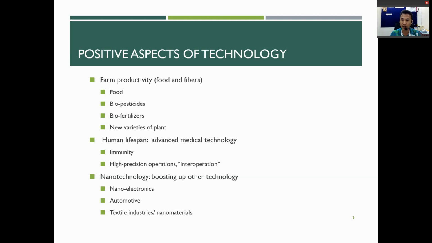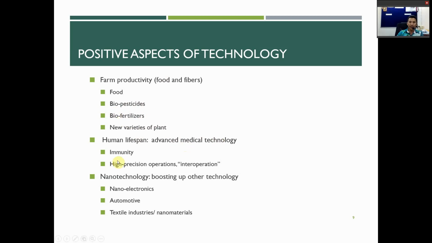You have so many options like chemical ones, and the one that I like to talk about here is the biopesticides, where you can use maybe some other type of animal to kill others, or you can make them starve, or they have a bunch of biological approaches to fix that problem. Also biofertilizer and new varieties of the plant. This is all based on the technology we have to create them.